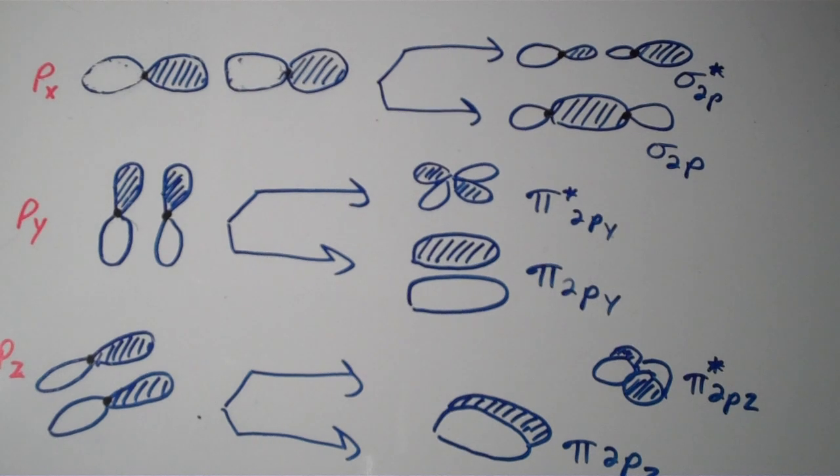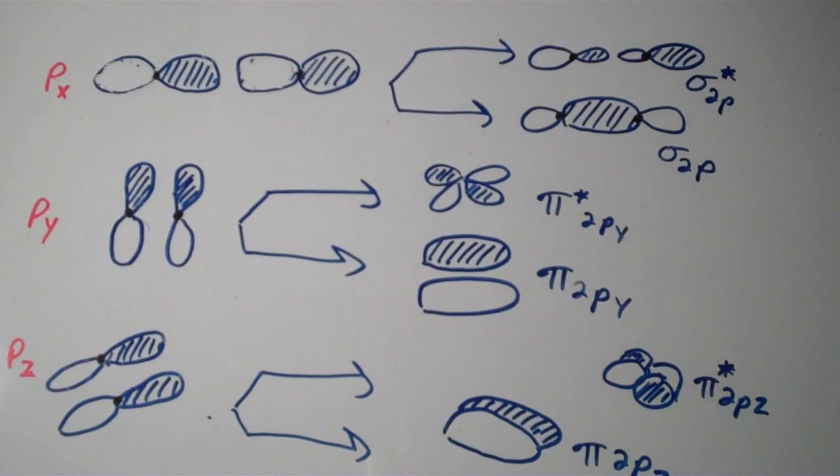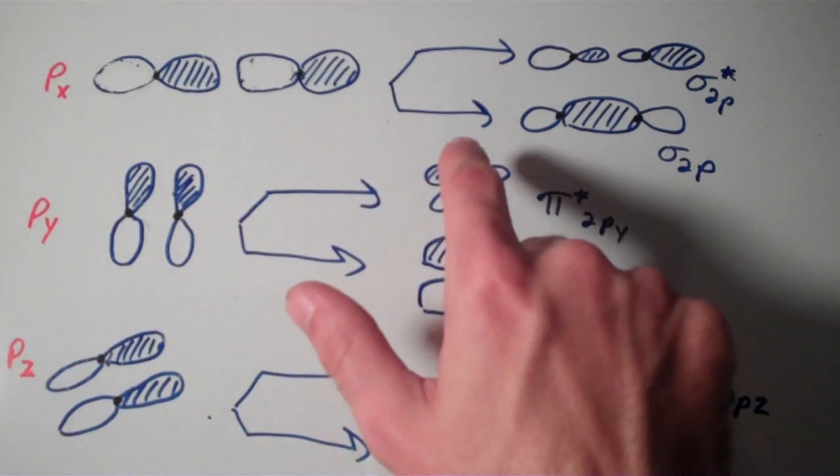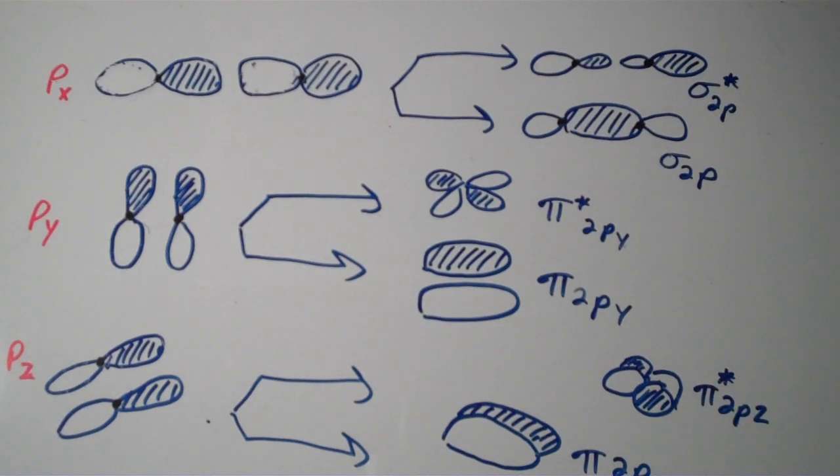So again, the py and pz orbitals form the exact same types of molecular orbitals, only they're perpendicular to one another. And the px orbital, remember, because we defined the x-axis to be the internuclear axis, that's a head-on overlap, and it forms the sigma 2p and sigma 2p star orbitals that are entirely different from each of these pi 2p and pi 2p star molecular orbitals.